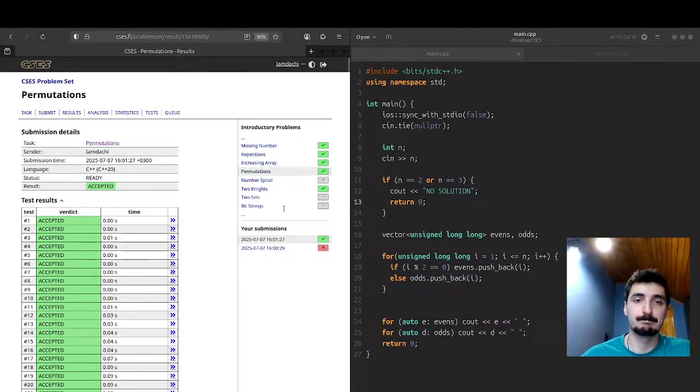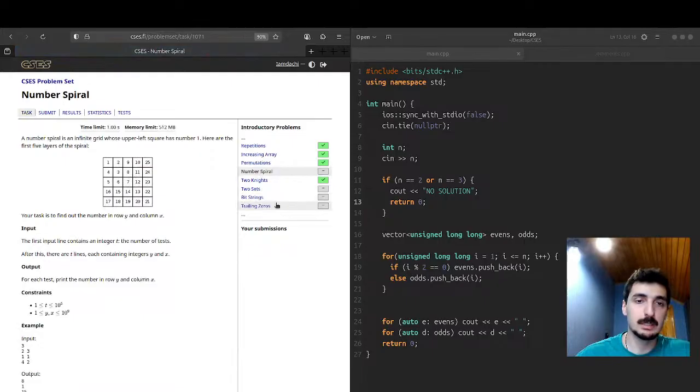And number spiral. This is a tricky one.